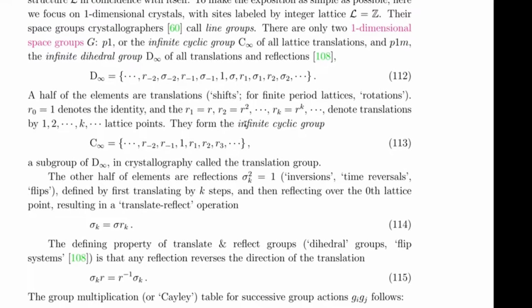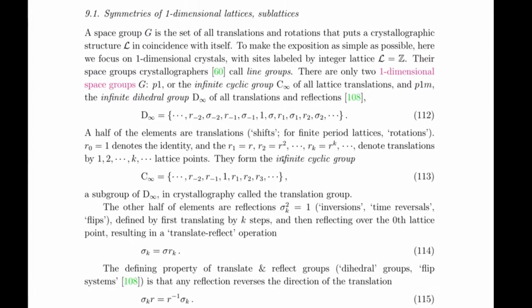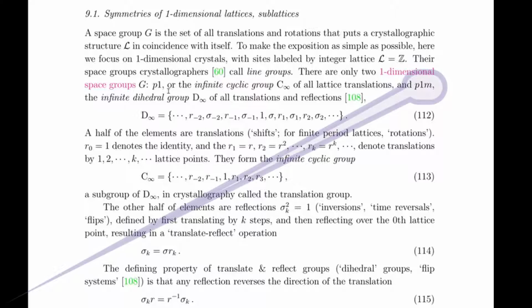And the only rotation on the line is by 180 degrees. That group is called P1M in crystallographic notation. Or, for people who do finite groups but have forgotten their abstract algebra courses, it's called the dihedral group or infinite dihedral group. That's in Wikipedia, so that's as good as gold.